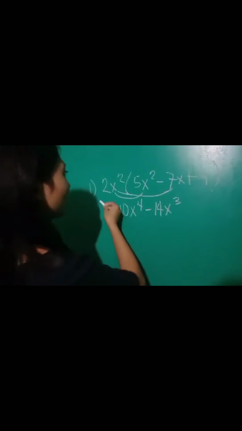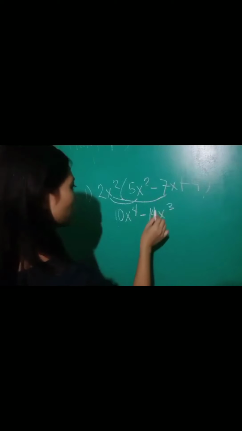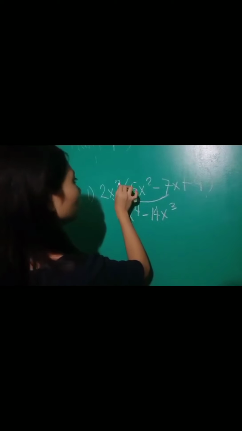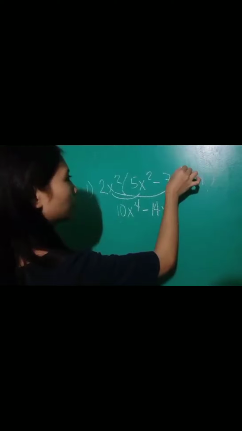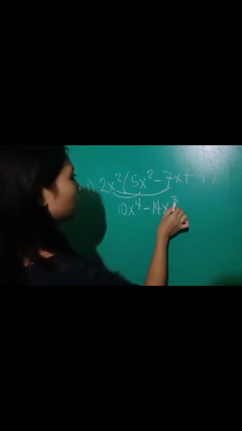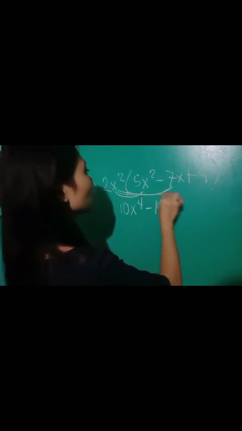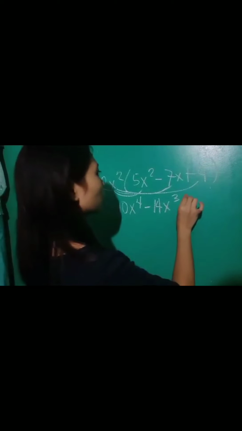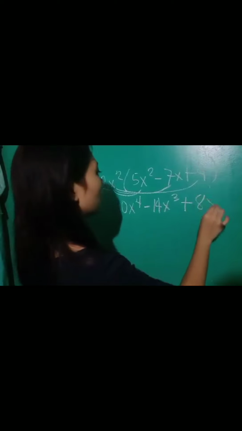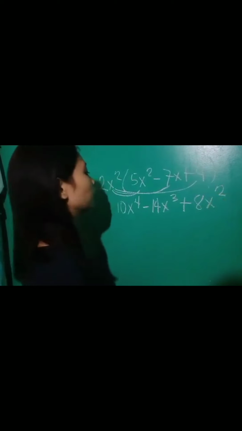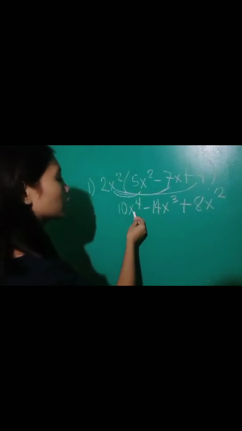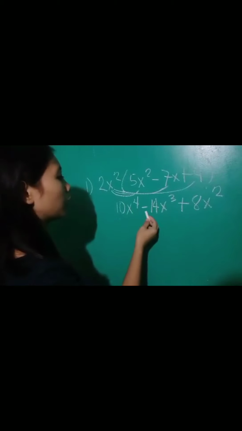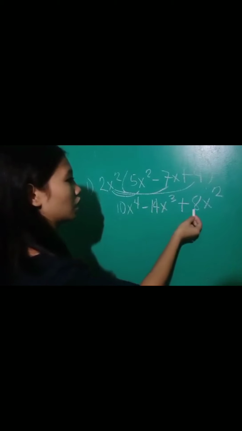We multiply the coefficients, 2 times 7 equals 14, then the exponent 2 and an imaginary exponent 1 gives 3. Then 2x squared times positive 4 equals positive 8x squared. So our product is 10x to the fourth power minus 14x cubed plus 8x squared.